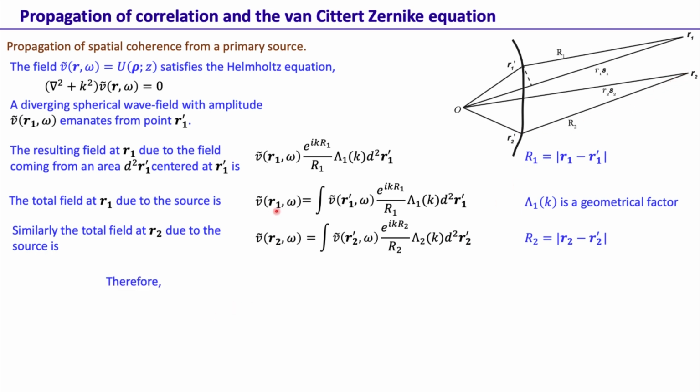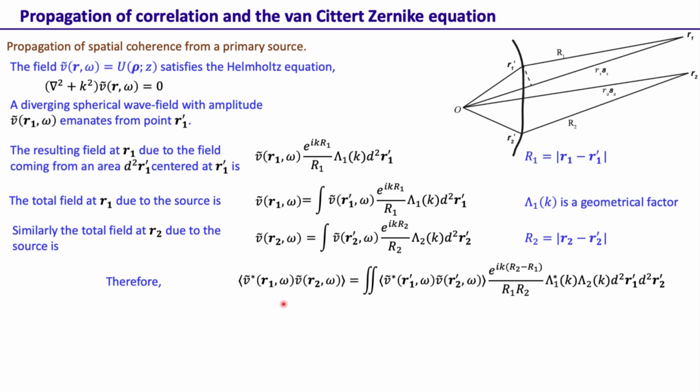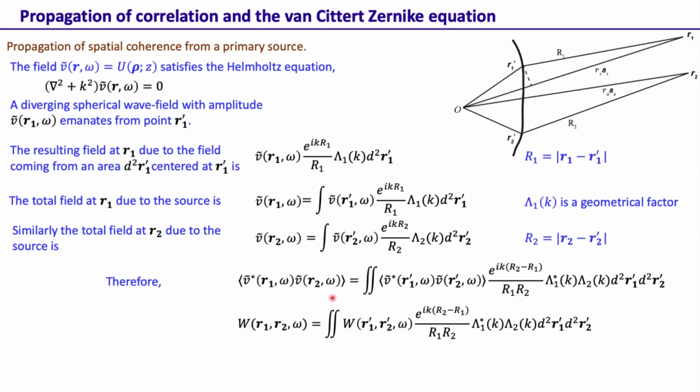Okay, since the fields are related in this manner, if we just multiply these two and take the ensemble average, then we have this quantity v star r1 omega, v r2 omega, and this is just this ensemble average quantity, and we just put it all together. Now this one is the cross spectral density function involving r1 r2.